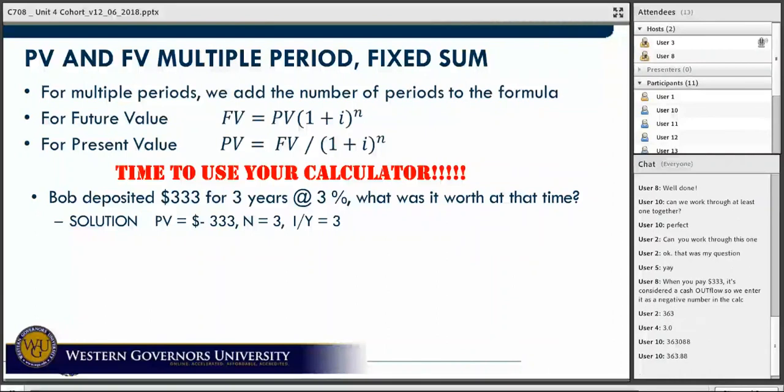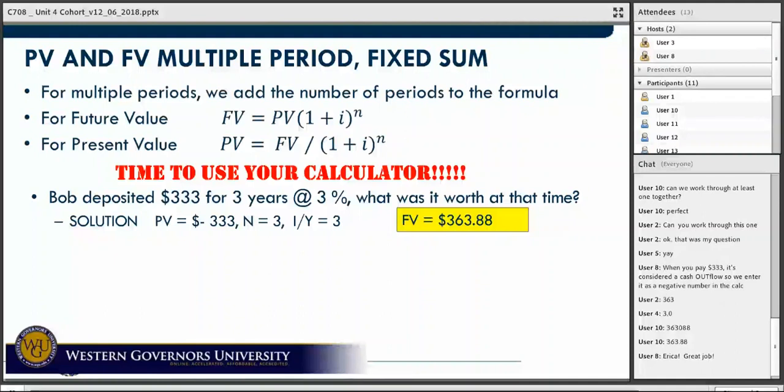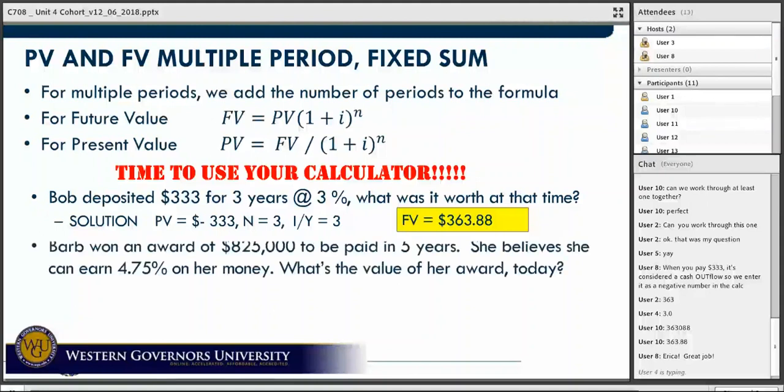I think that sounds pretty good. Now, anybody have any questions about that? What you do in the calculator is you enter 333, you enter 3 and N, and then you enter I/Y, and 3. And Samita is typing, so let's see if she's got a question.